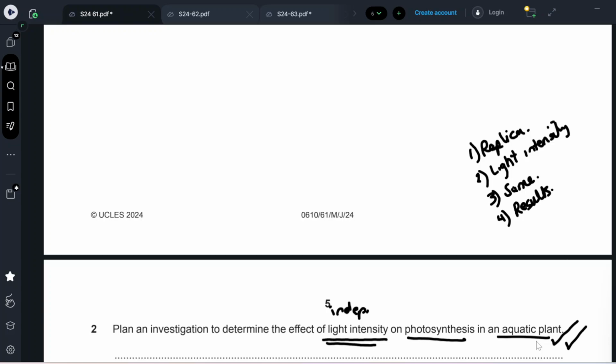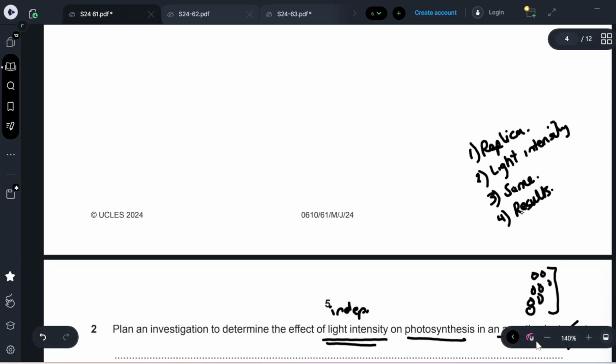What are you going to measure and how? Photosynthesis of an aquatic plant. Plant underwater gives oxygen bubbles. So you can either count the number of bubbles or measure the volume of gas using a gas syringe.